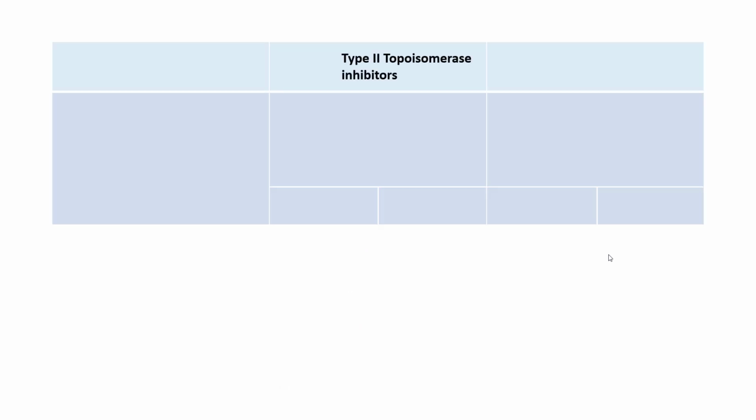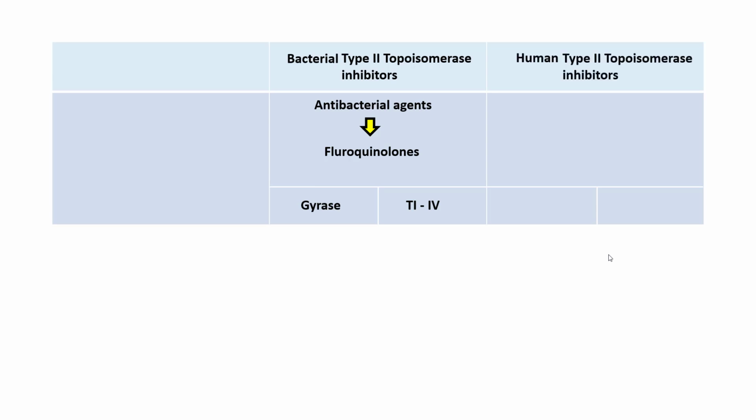So, very briefly, type 2 topoisomerase inhibitors for bacteria include the fluoroquinolone antibiotics. They can inhibit DNA gyrase and topoisomerase 4. Now, type 2 topoisomerases may also be inhibited in humans.